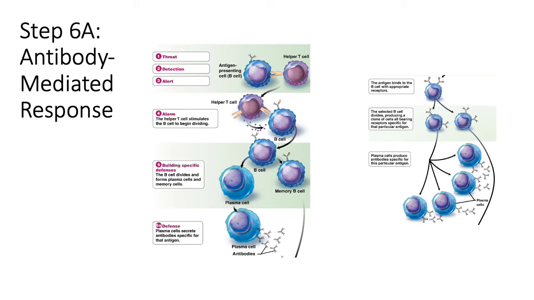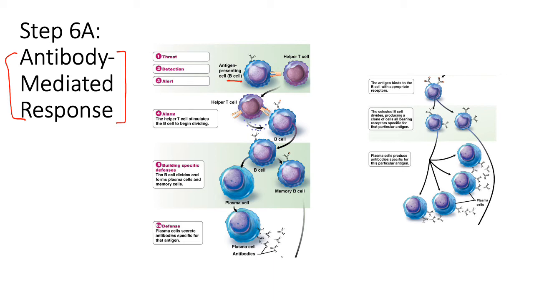So if a threat, and the detection and the alert, has activated a helper T cell, which then goes on to activate the B cell, that's when we begin the antibody-mediated response.